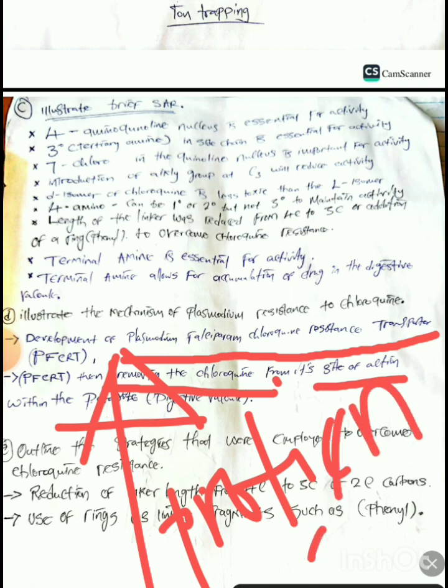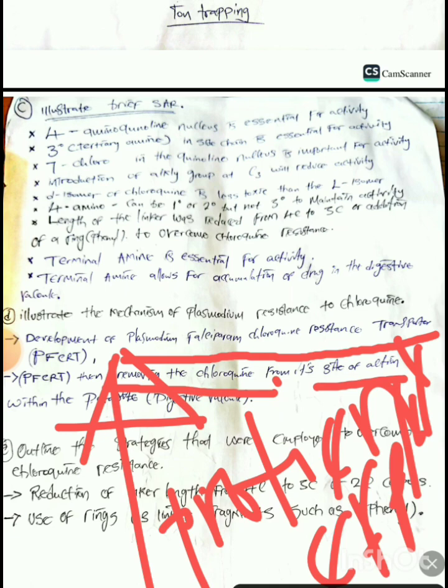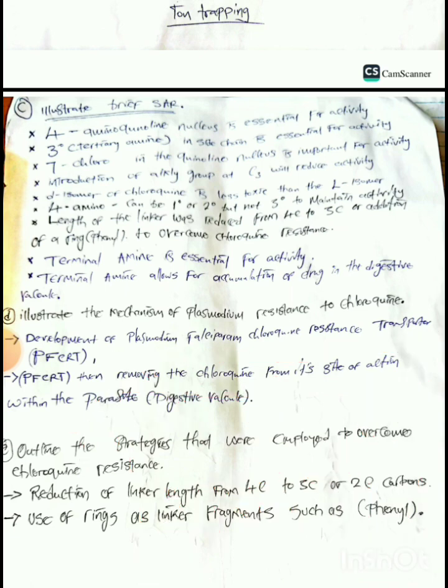Okay, so this protein efflux mechanism allows for concentrations of chloroquine to reduce drastically. This reduces the activity of the drug. So this is the main mechanism behind the resistance to chloroquine.